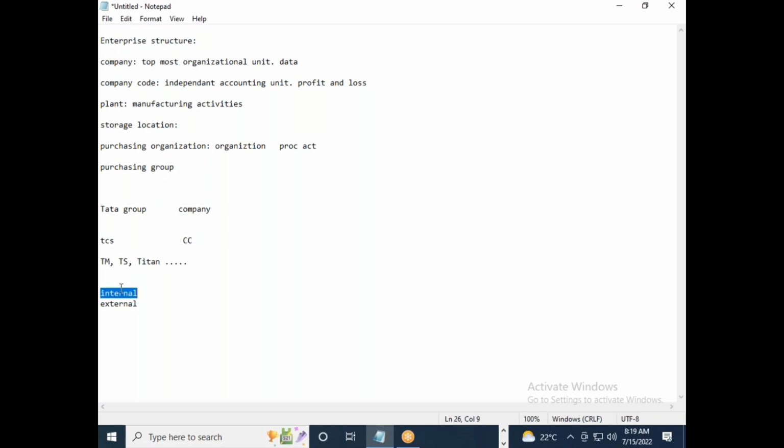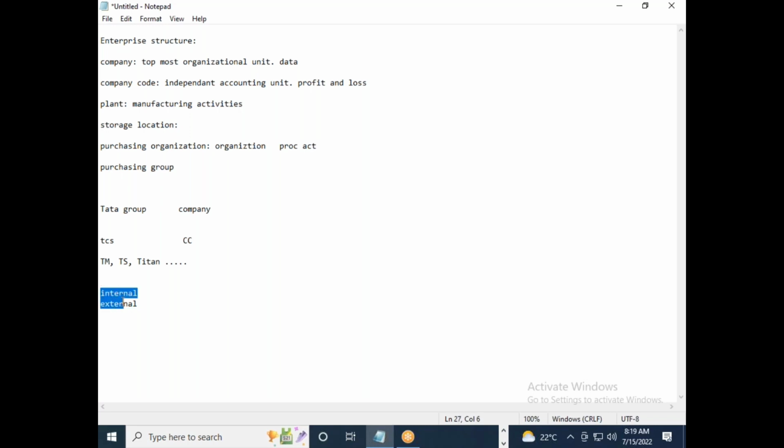If you are getting the material from the nearby plants of your company, it is known as internal procurement. But if you are getting the material from outside people, that is a vendor, it is known as external procurement.